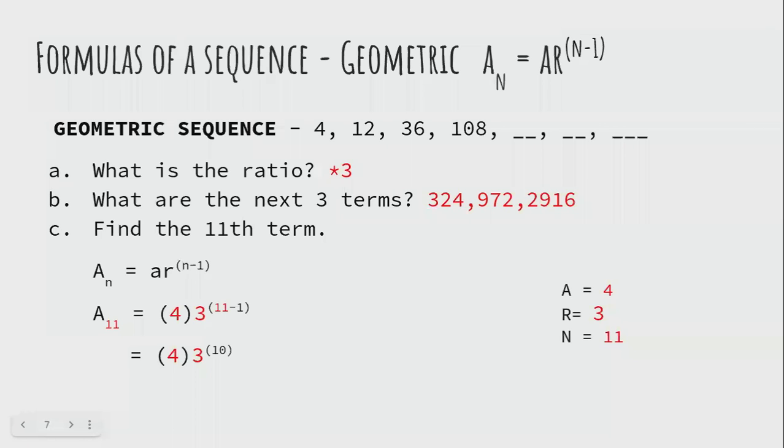I'm sorry, 3 raised to the 10th power. What you got? 3 times 3 times 3 times 3. And you can help him out. He doesn't have to be out there by himself.